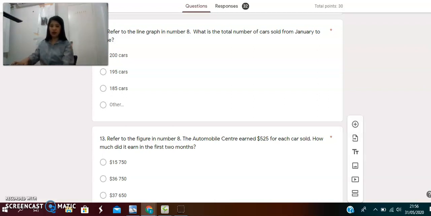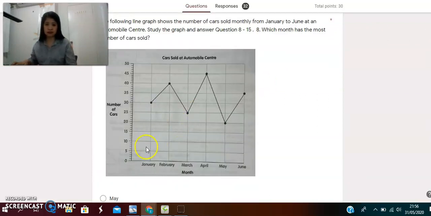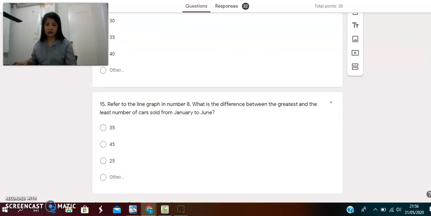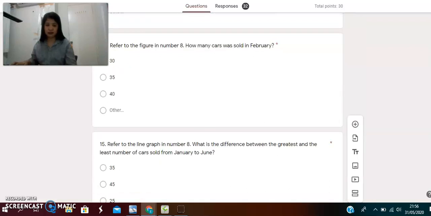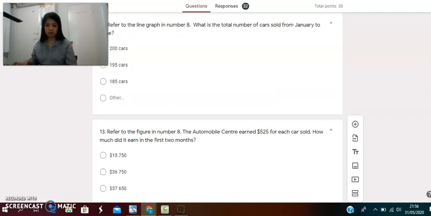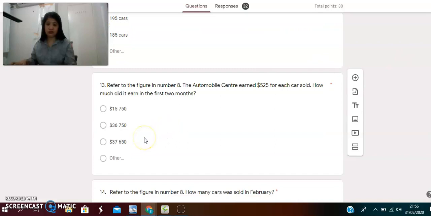How much did it earn in the first 2 months? You just add the first 2 months, January and February. January 30, then 40, and each car sold earned $525. What are we going to do? 525 multiplied by 70 cars, for January and February. The answer will become $36,750.